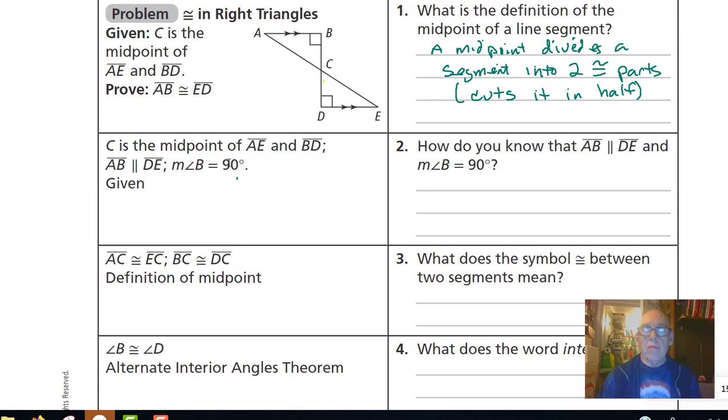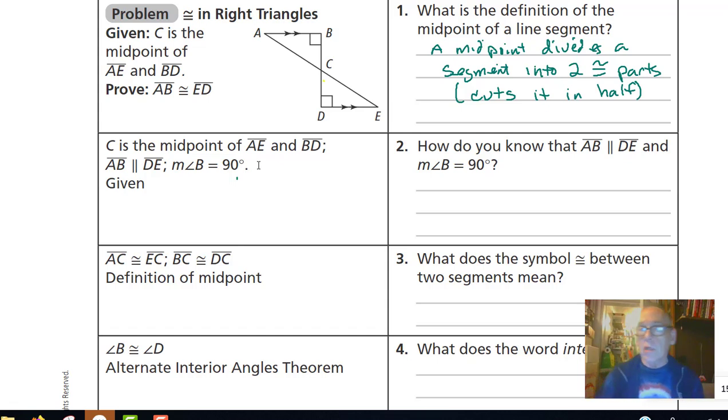That's how we were given it by way of the diagram. The markings on AB and DE are telling us that these segments are parallel to each other, and then we're also given that C is the midpoint of AE. So out of all the given information that's listed, the midpoint is listed. The other parts we need to draw from the way the diagram is marked.